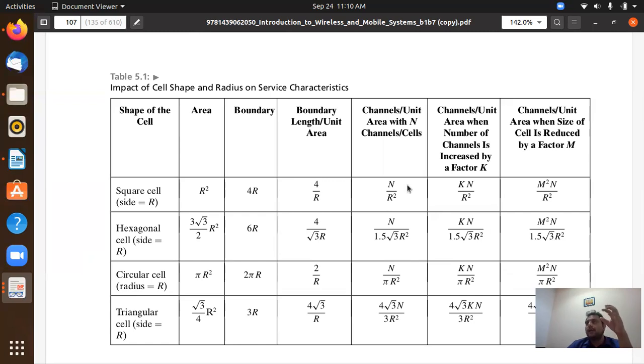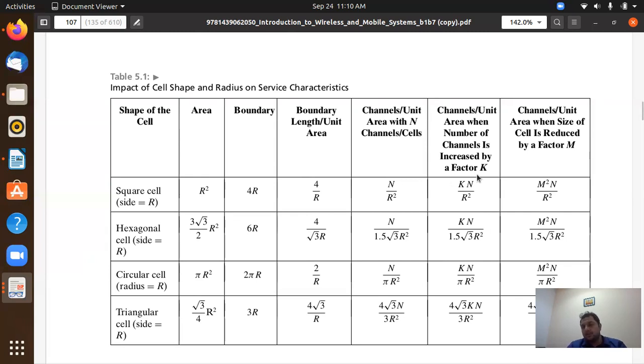So that defines, obviously, that our aim is that within a region there must be the maximum number of channels. So this is also one parameter, that per unit area how many channels are there in a particular cell.